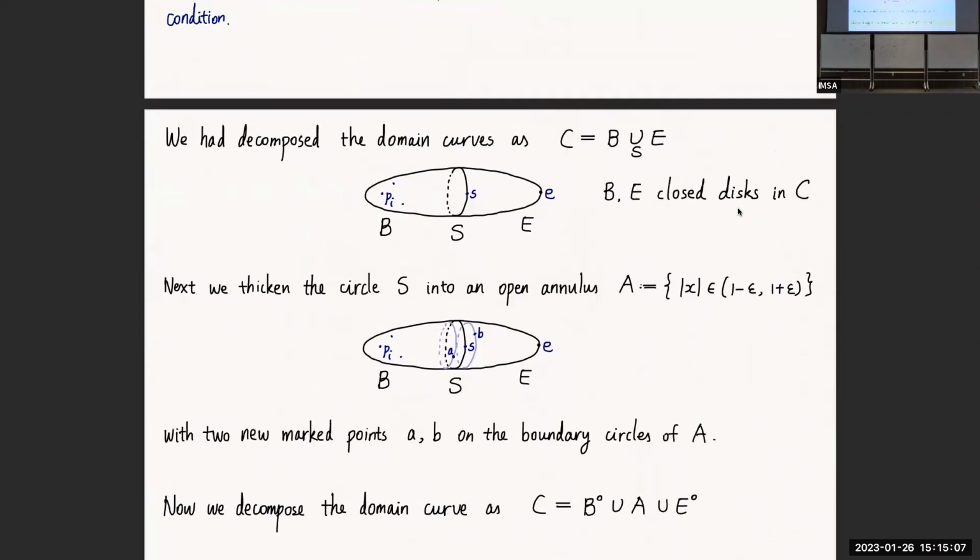We also introduce two new marked points, A and B, on the boundary circles of A, just to remember the places where we will cut the curves. Now we can decompose the domain curve as the union of three pieces: the open disk B, the open annulus A, and another open disk E, the end open disk.